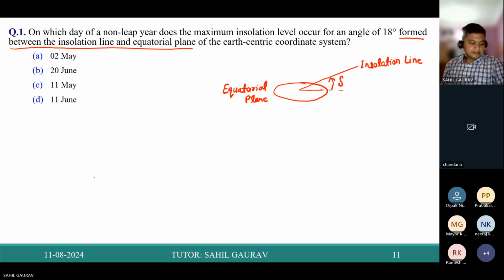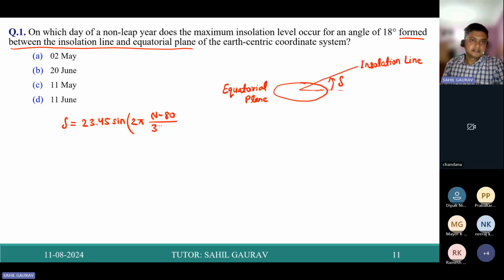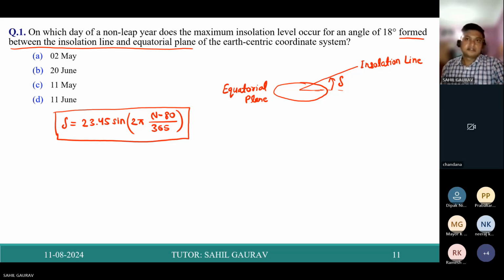So for this declination angle, we know the expression: delta is equal to 23.45 sine of 2 pi (n minus 80) upon 365. This delta is given as 18 degree, so from this data we can find n.